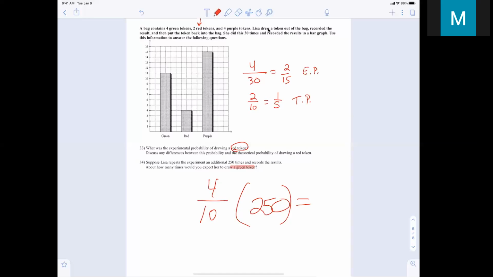How many greens should you get? 100. You should get 100. That is correct. Does that make sense? All right, which was like problem number 1.